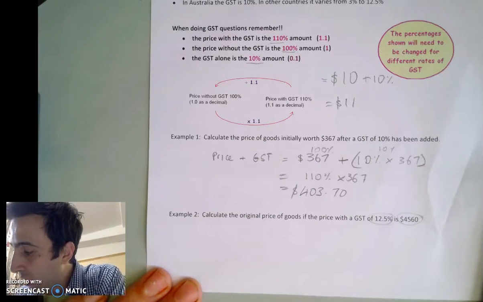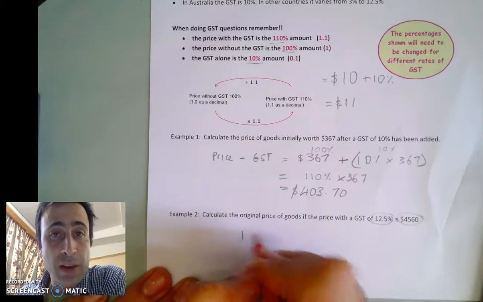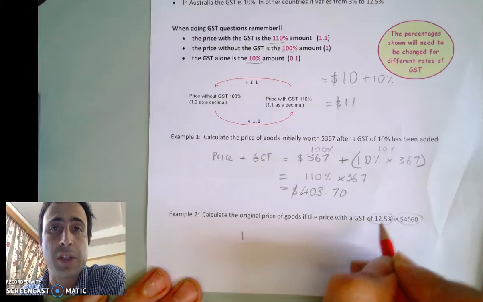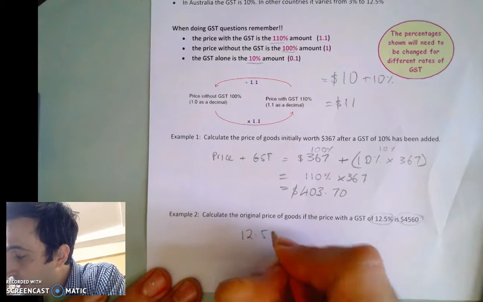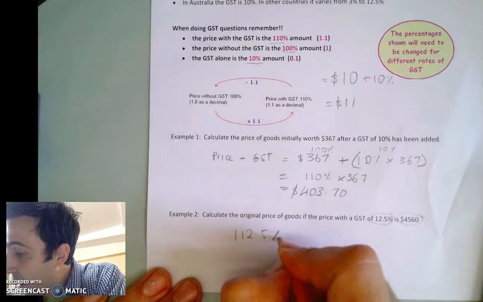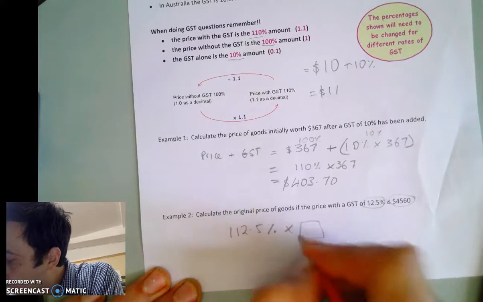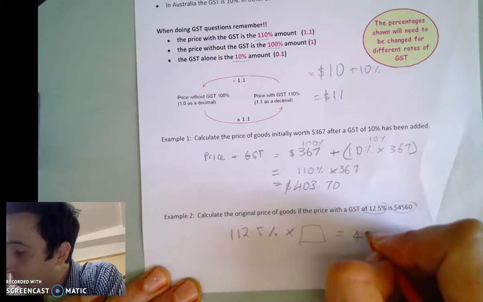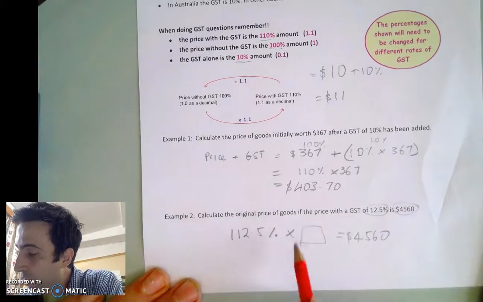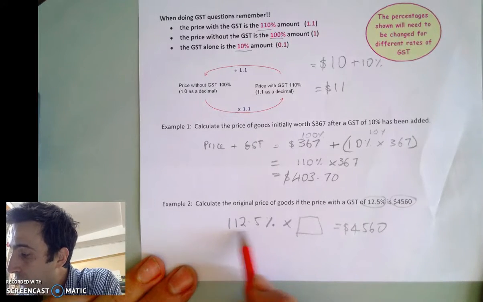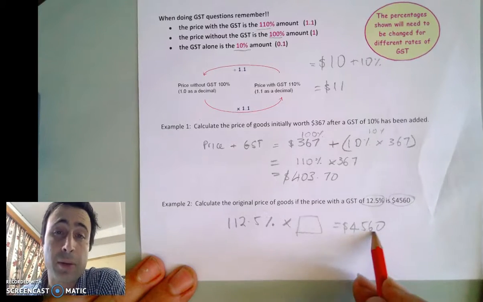So what they're actually saying here is, in this case with a GST of 12.5%, that in all countries around the world the GST is a different amount, 112.5% of a number we're looking for is $4,560. Now we've done these sort of questions before. When we have a percentage of an amount, it gives us another amount. It's those backwards questions that we did earlier in the topic.